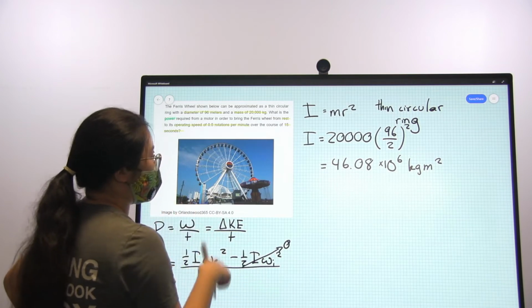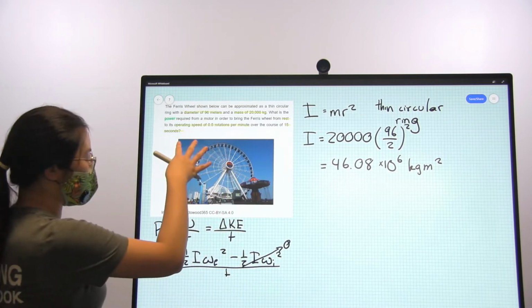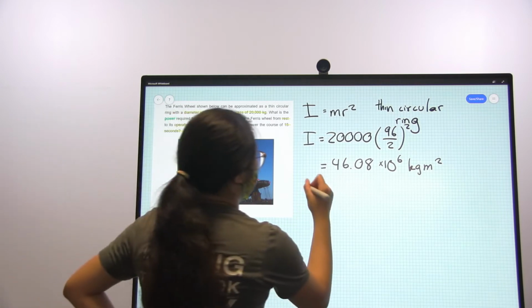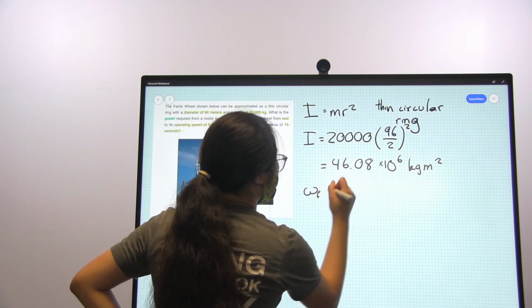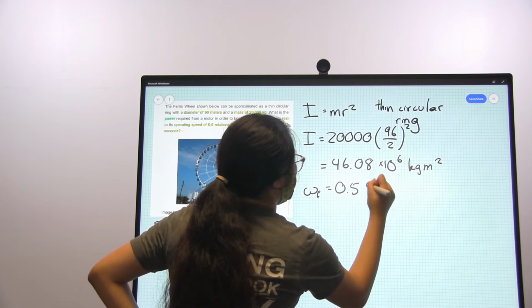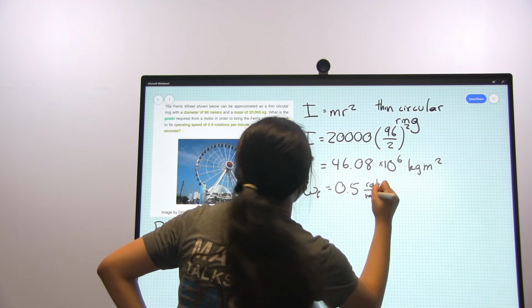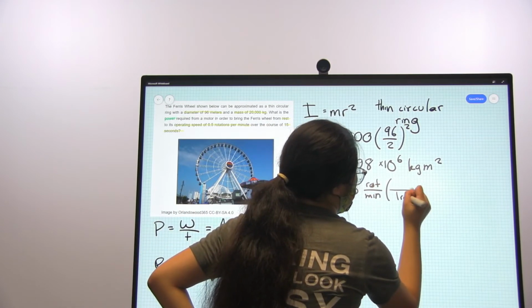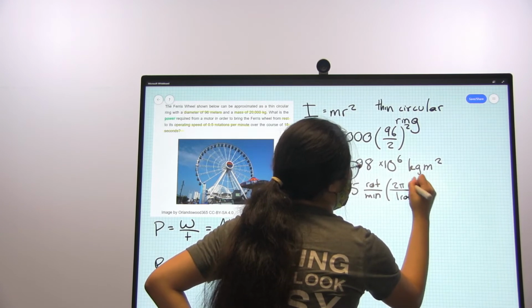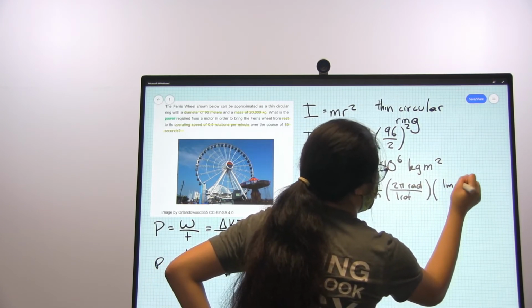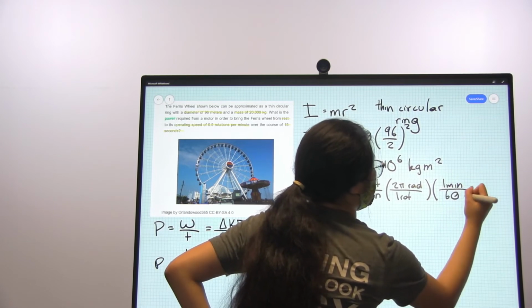Then to find the omega final, we need to turn it from rotations per minute to radians per second. So omega final is equal to 0.5 rotations per minute, and we're going to do unit conversion here. 1 rotation is equal to 2 pi radians, and 1 minute is equal to 60 seconds.